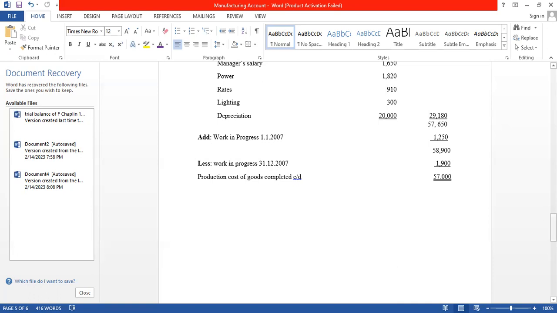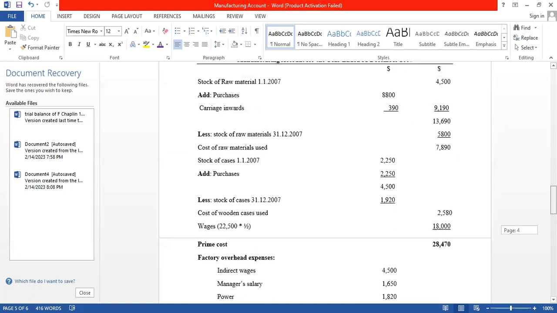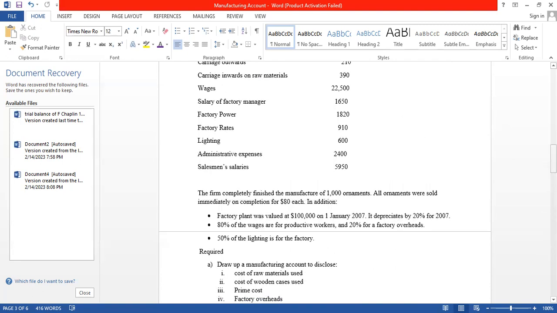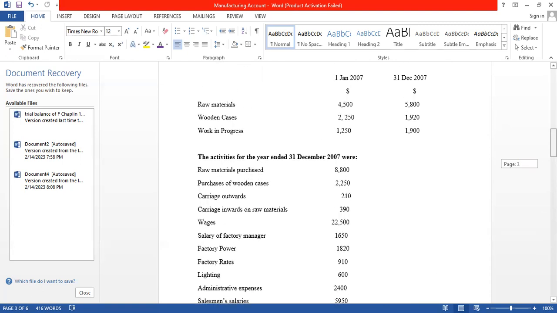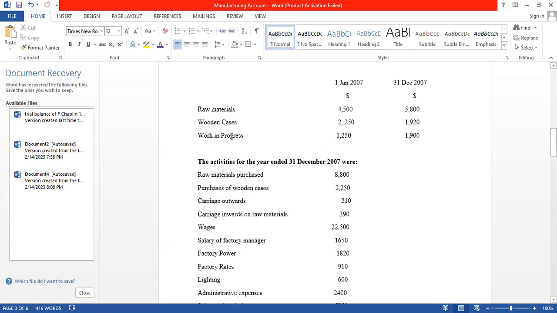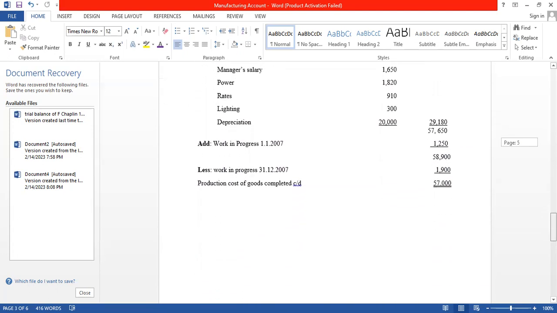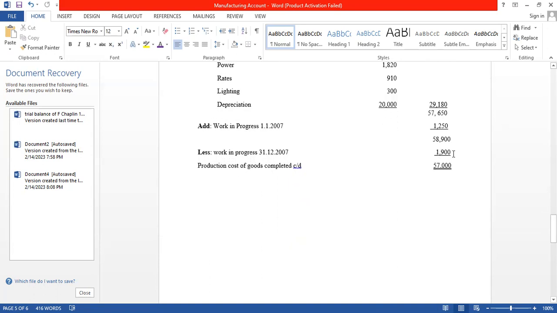How did we get the 1,900? Let's scroll back up to the question. I have to scroll slower. Here it is. Work in progress at the ending of December was $1,900. So that's how we got this $1,900 here. Good.